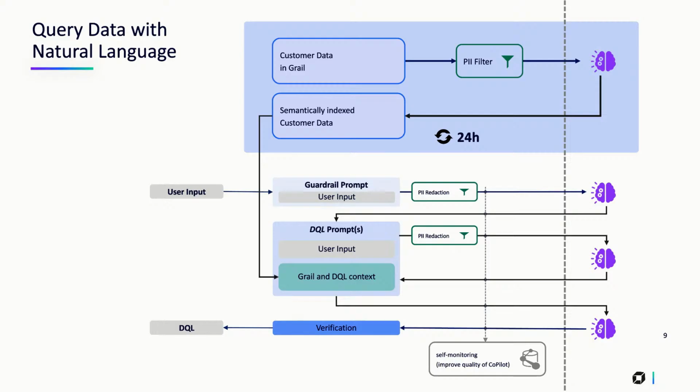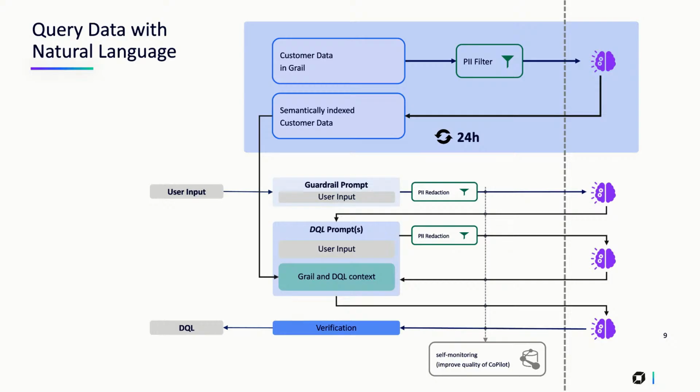And finally, the LLM, with that in-context teaching, is able to actually generate the DQL query. And then after the DQL query is verified to be executable, it's sent back to the customer.